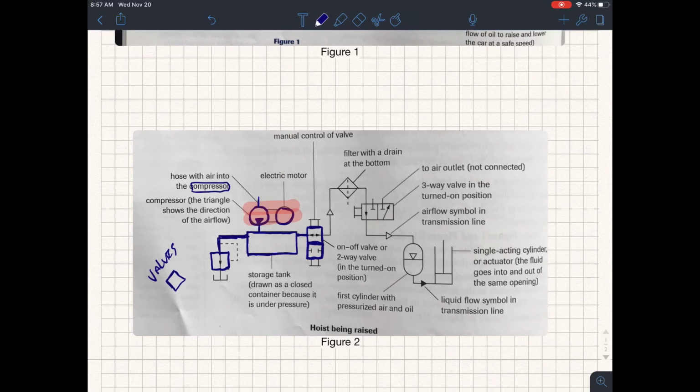So this is one position. Two boxes represent two positions. We don't necessarily need to understand the symbols that are happening within, but they just indicate the type of control that is exerted over the fluid.